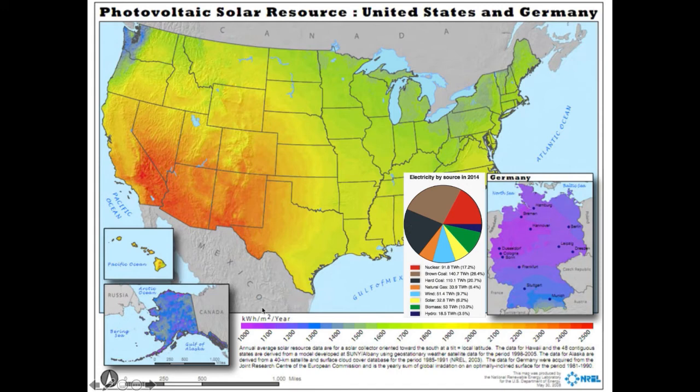If we look at the colors here, I should have pointed this out, they correspond to kilowatt hours per square meter of land surface. So again, a square meter is about 3 feet by 3 feet, a little more. The brighter colors towards red are more kilowatt hours per square meter, and the purples are less. And I just want to highlight that everywhere in the contiguous or lower 48 states has more solar potential than Germany.